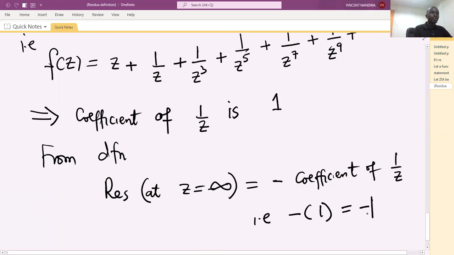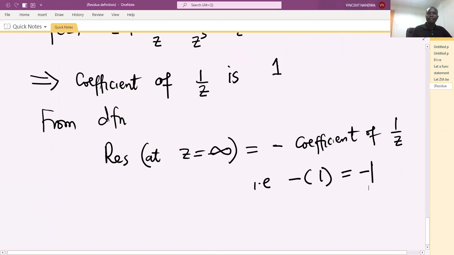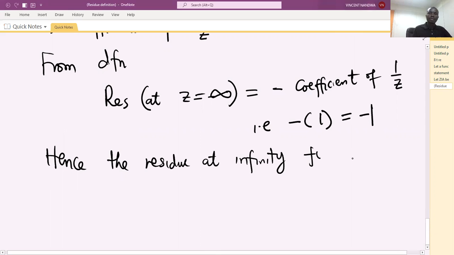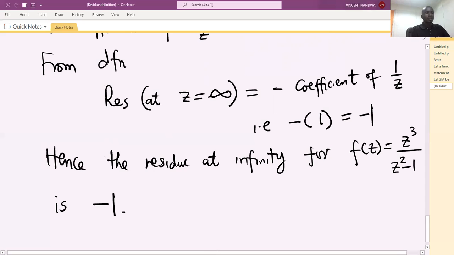So therefore, the residue at infinity for the function f(z) = z³/(z² − 1) is negative 1. So that is how we solve that problem. Thank you.